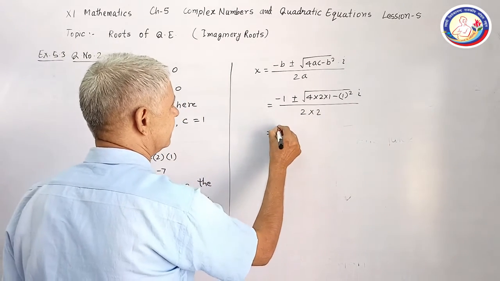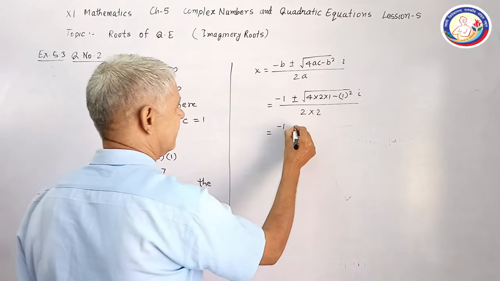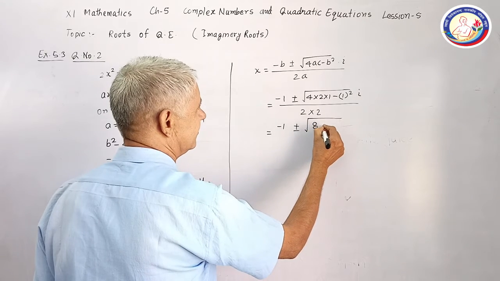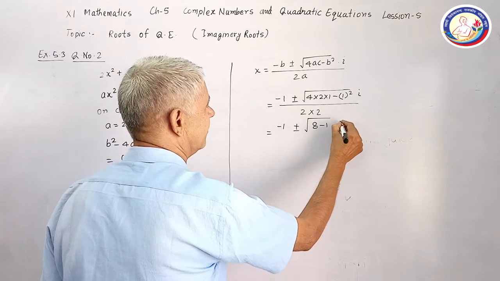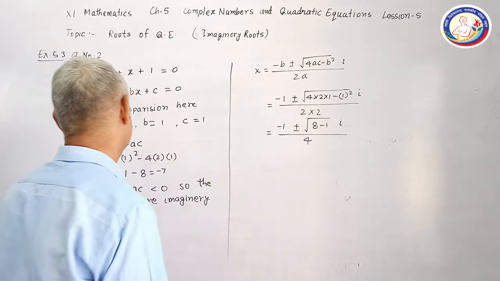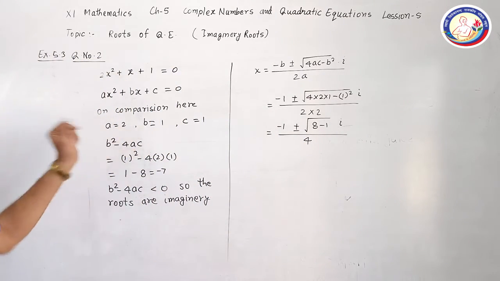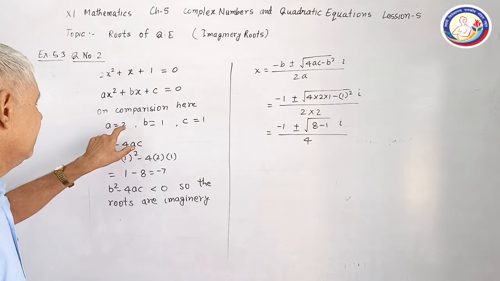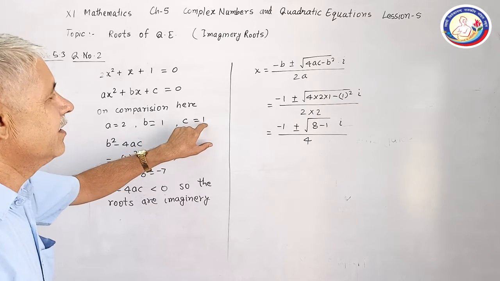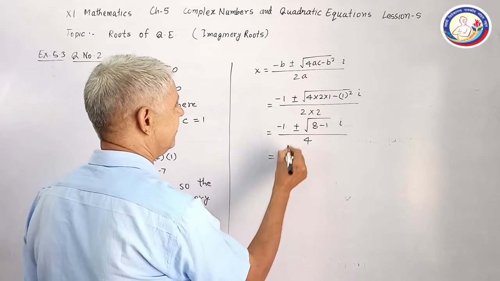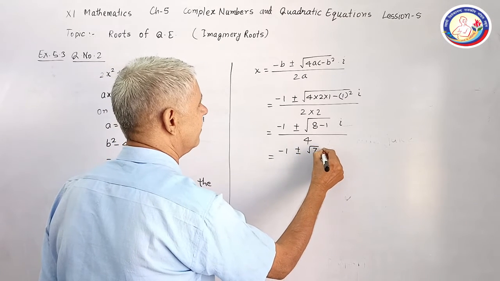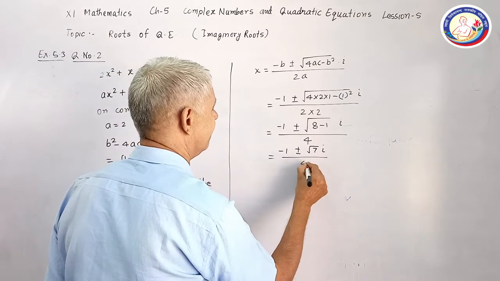It is minus 1 plus minus square root of 8 minus 1 into iota divided by 4. We have substituted 2 for a, 1 for b and 1 for c here. So on simplification we will get minus 1 plus minus square root of 7 iota divided by 4.